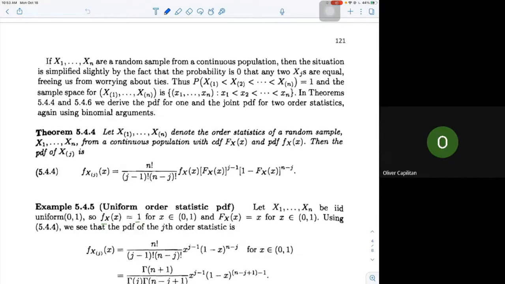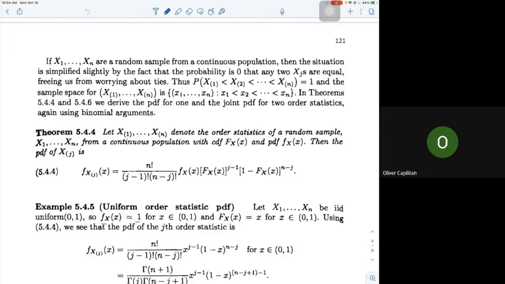We have a random sample X sub 1 up to X sub n from a continuous population, and since we know the probability is 0 for any two random variables to be equal, thus the probability that the order statistic X sub (1) is less than X sub (2), and so on and so forth, less than the order statistic X sub (n), would be equal to 1.